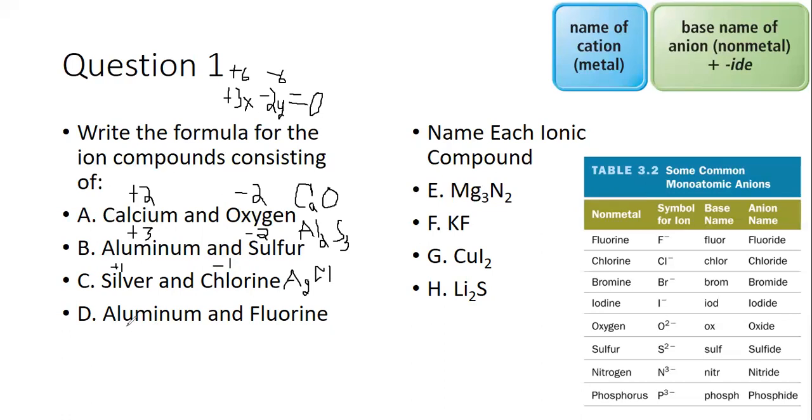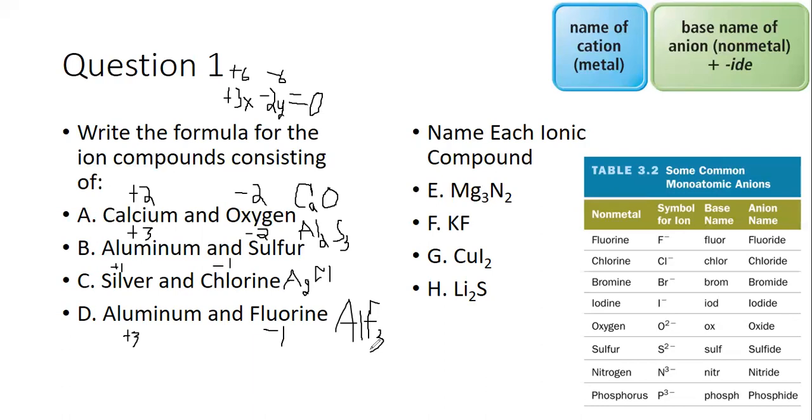Aluminum, we did in B, is +3. Fluorine, -1 halogen. So this is AlF3. And sorry, my pen's not working, so I'm trying to use my mouse as best as I can for these. So E, F, G, H. All right, name each compound then.